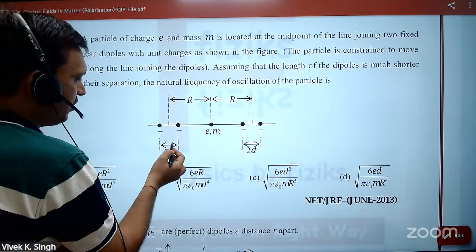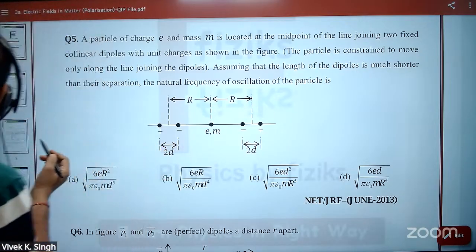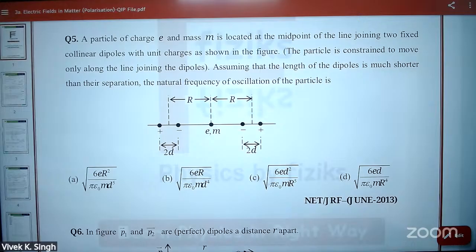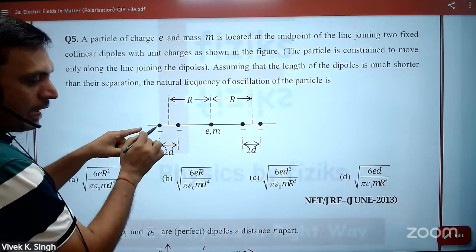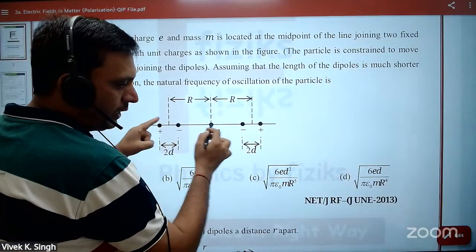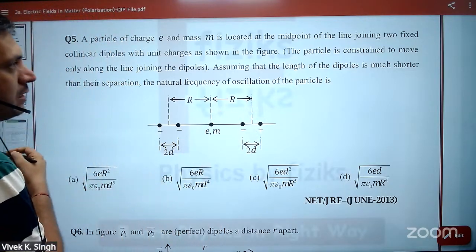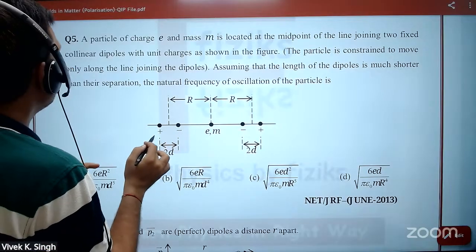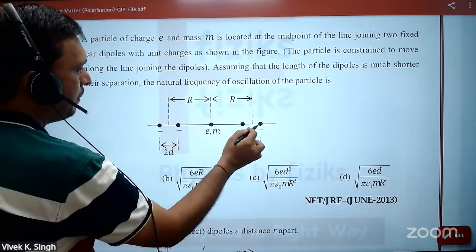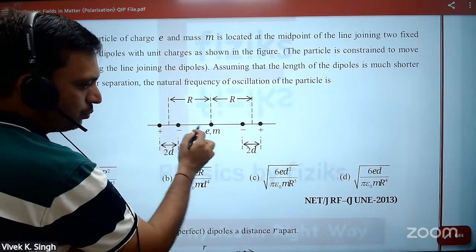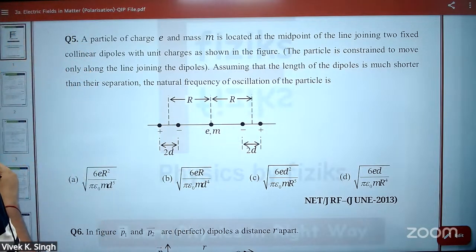The distance between charges is 2d. The particle is constrained to move only along the line joining the dipoles.